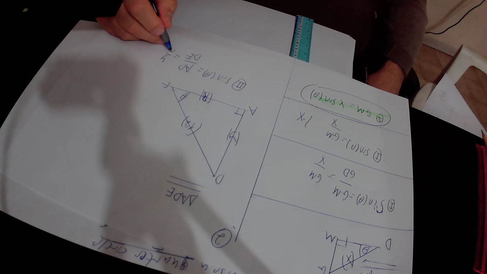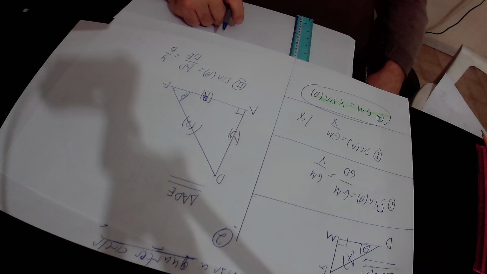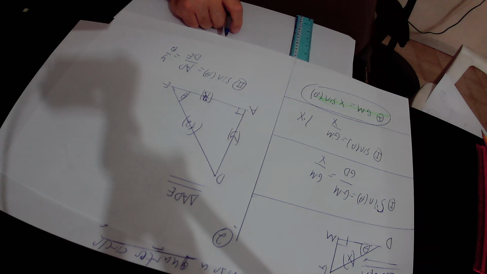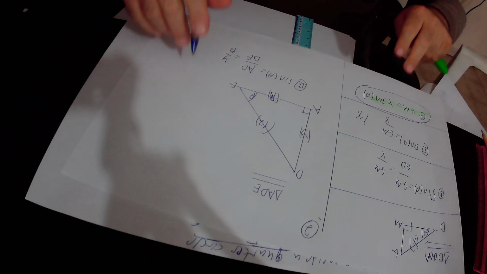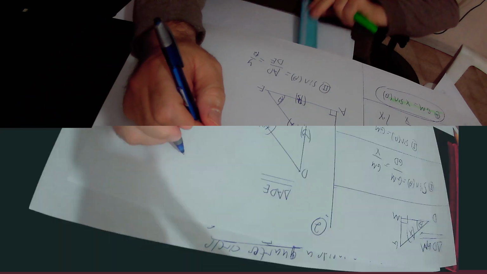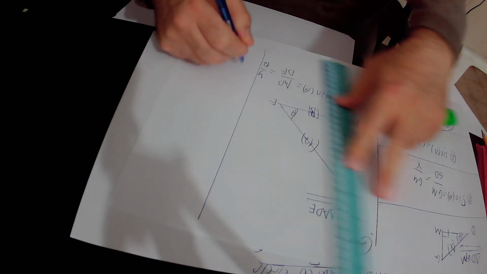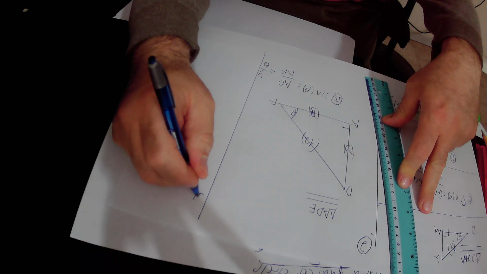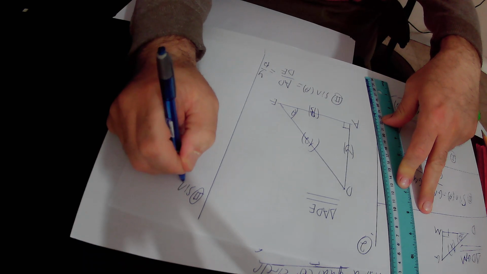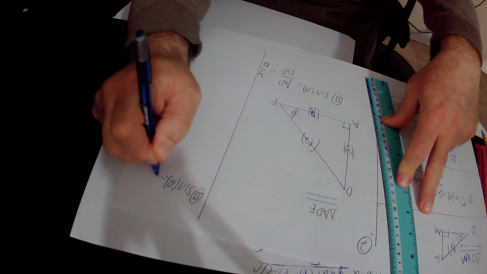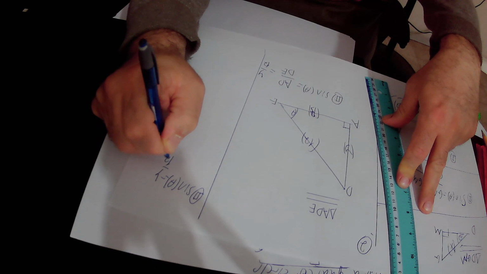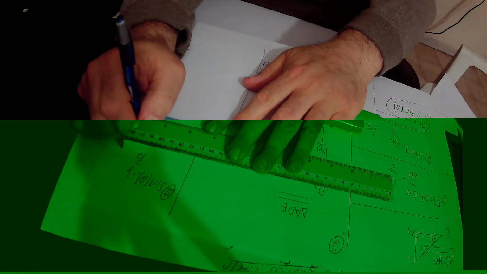DE is 12. So according to equation 2, we found out that sine theta equals Y over 12.